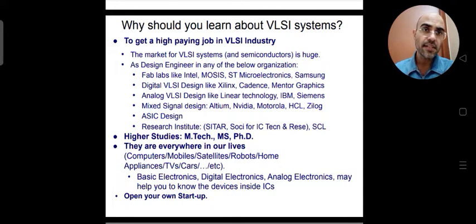In the digital VLSI design domain, the circuits have digital functionality, whereas in the analog VLSI domain we talk about analog circuits, the circuits you have studied based on BJTs, like amplifiers and oscillators. You can make them as well.